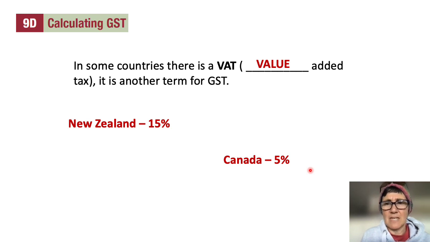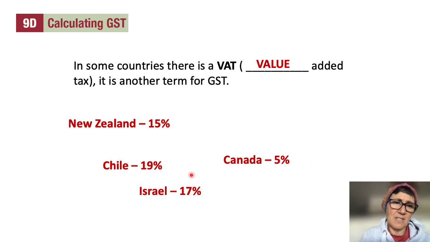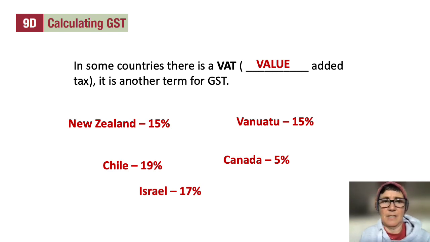Canada's is 5%. Over to Chile, 19%. Israel, 17%. You can see all these numbers, they're all random. Okay, it's just what the governments of those countries decide. And Vanuatu, maybe because it's not too far from New Zealand, I don't know, is 15%. Okay, so they're value-added taxes, and they're just the same as a GST.